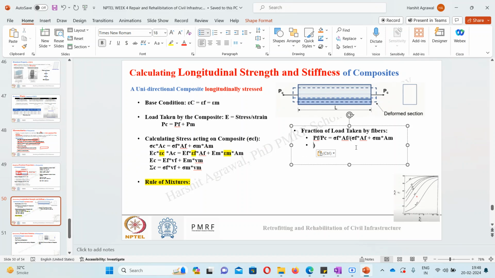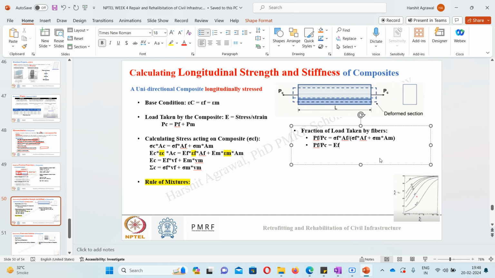Okay, once I know both the values, I will multiply L on the LHS and the RHS both, and I will calculate in terms of volume fraction. So what I will get, PF by PC is nothing but PF times sigma F. I can write in terms of stress, and stress I can write as elasticity into strain.